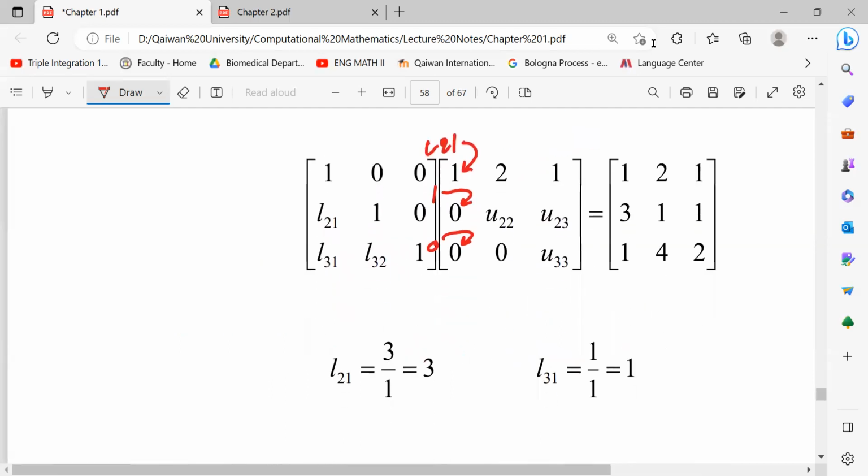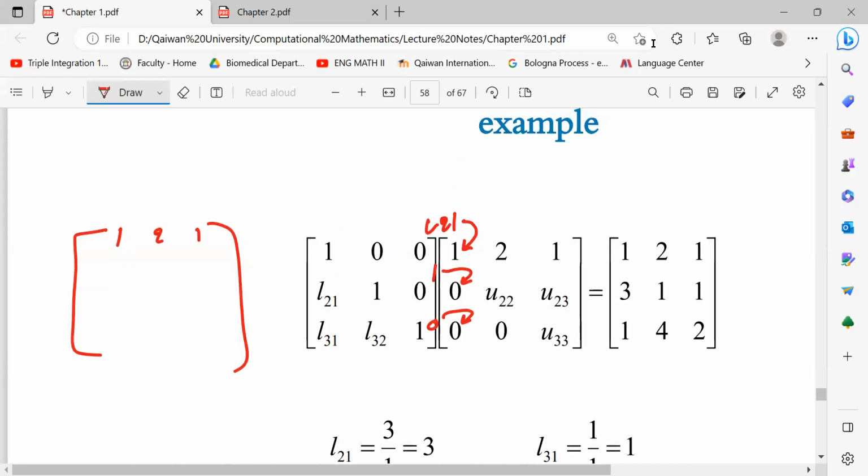Let me write down the multiplication. We already found these three variables, which are 1, 2, 1. These are the multiplications. Then, in multiplying this by the first column, we get L21.